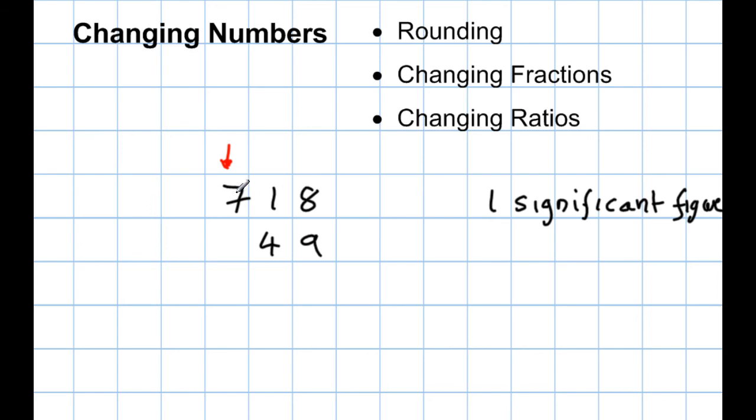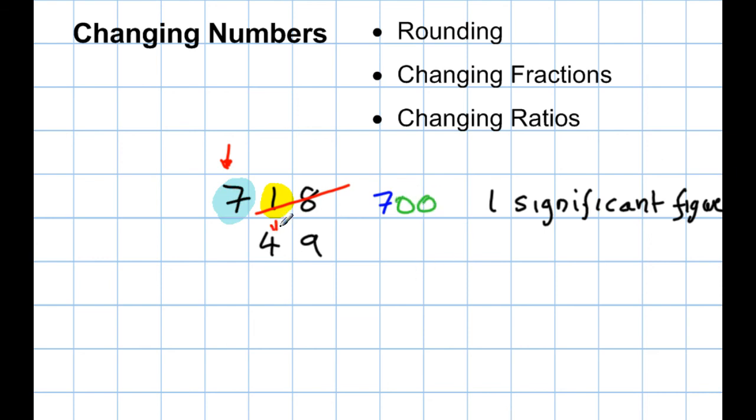So I'm going to get rid of those, and, do I make the 7 bigger? Let's have a look. No, I crossed out a 1, so it remains 7, and I replace the figures I crossed out with 0, 700 to 1 significant figure.